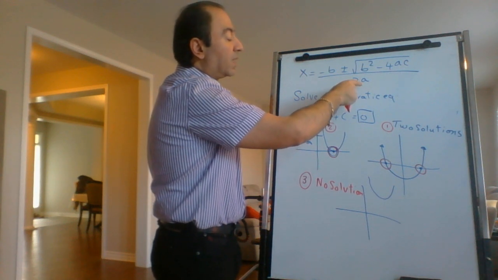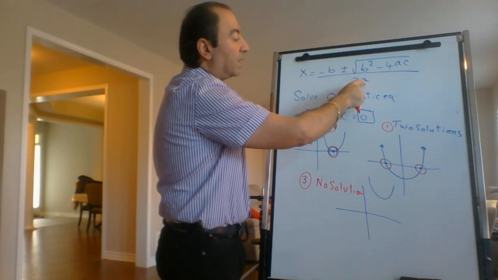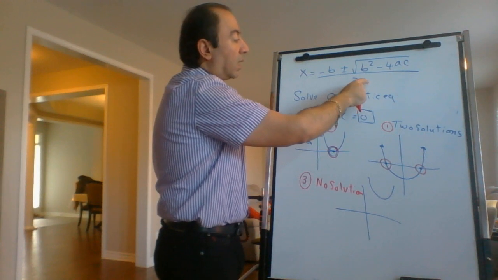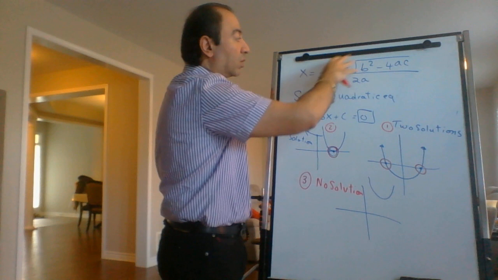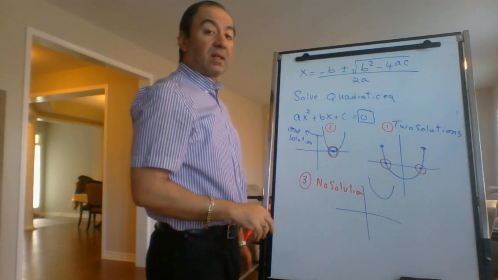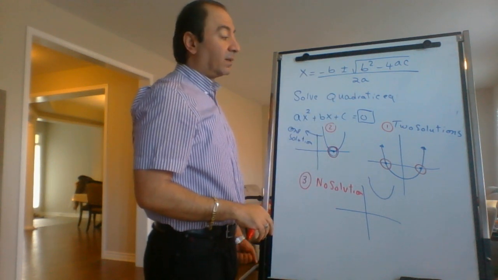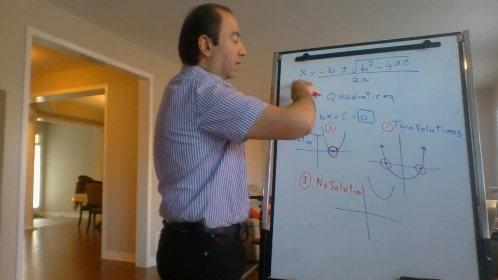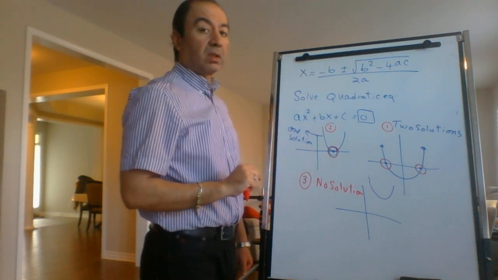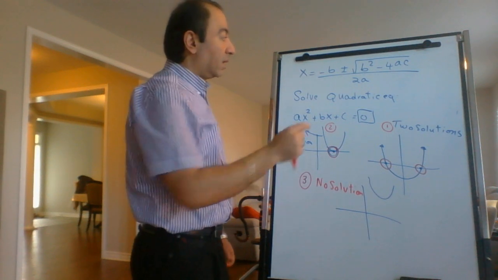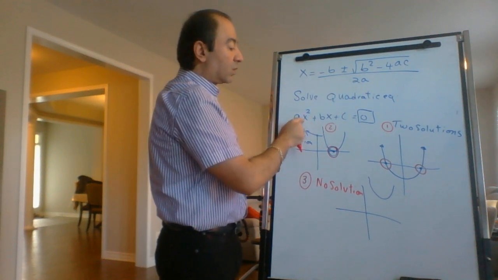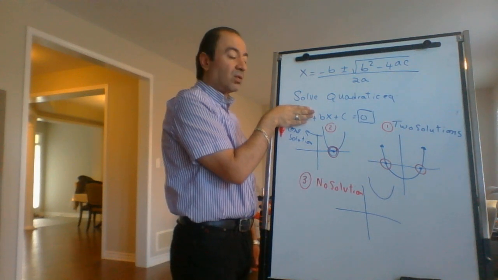Some person may look at this and say, oh, if a is 0, the denominator will be 0, and accordingly we cannot calculate it, and that means there is no solution. The way of thinking is correct, but actually, if a is 0, this whole thing will be 0.